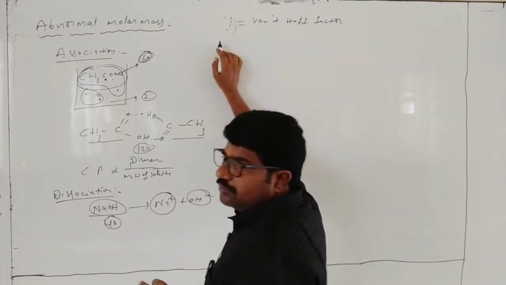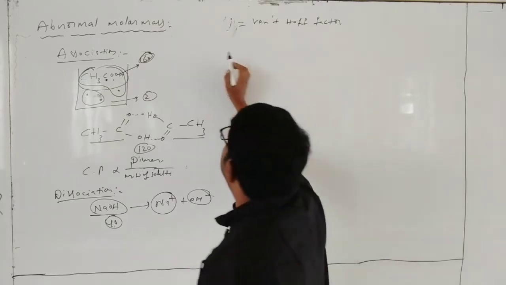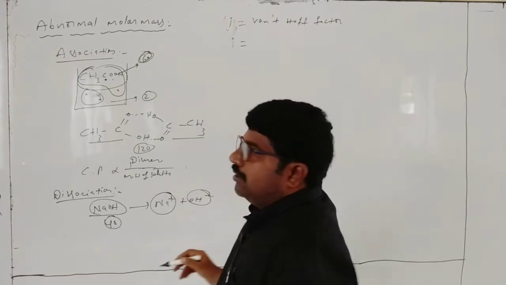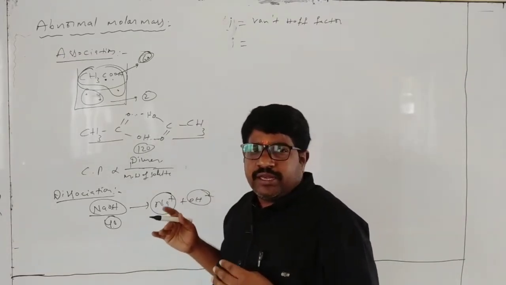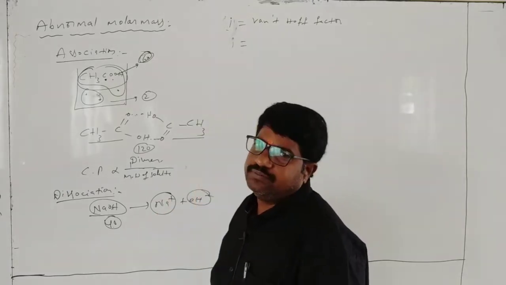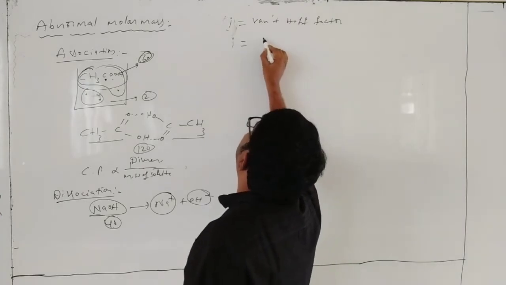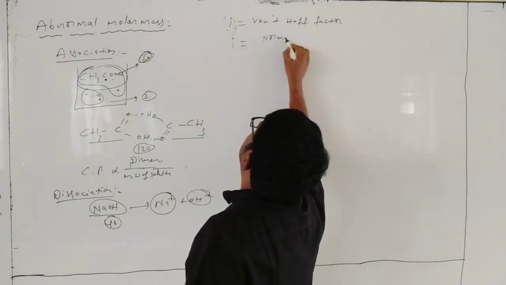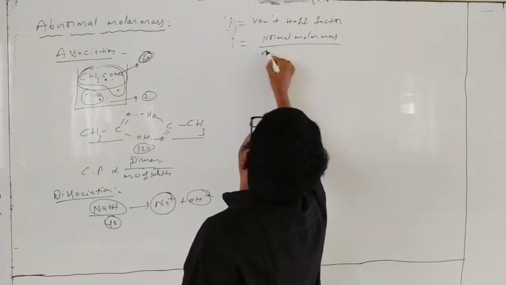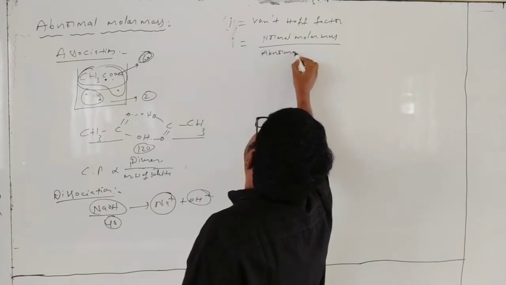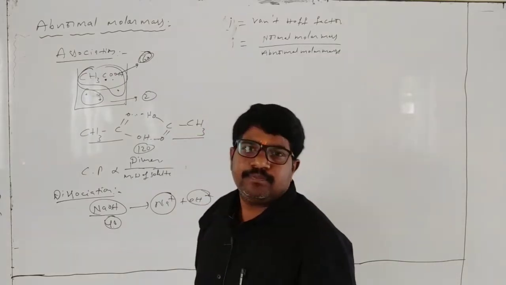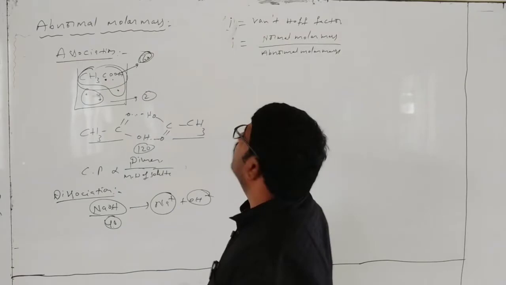How do we define it? i is equal to the ratio of normal molar mass to abnormal molar mass. That is, normal molar mass by abnormal molar mass.